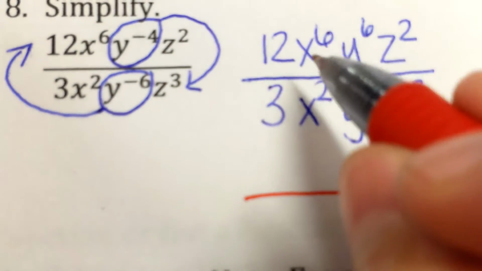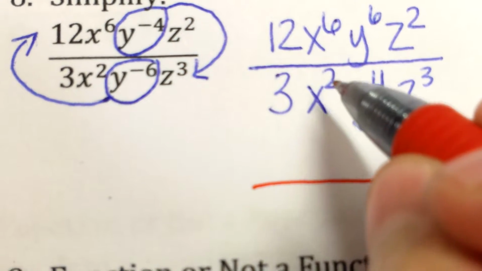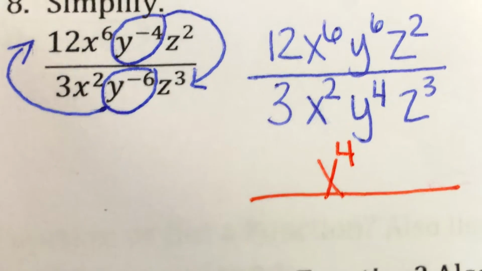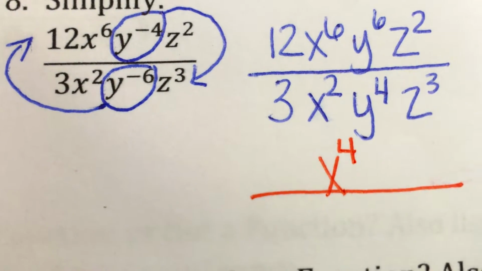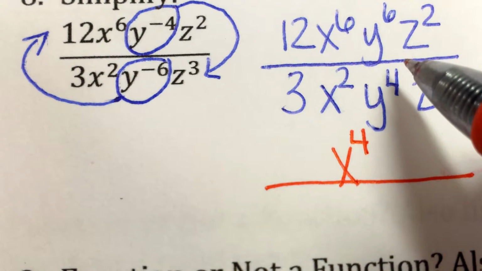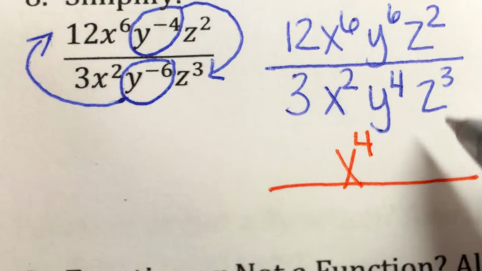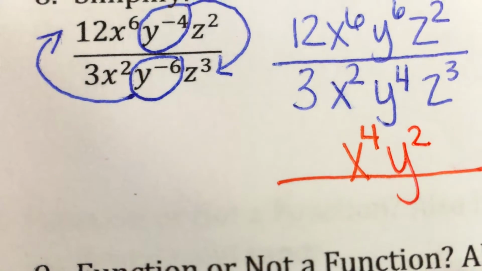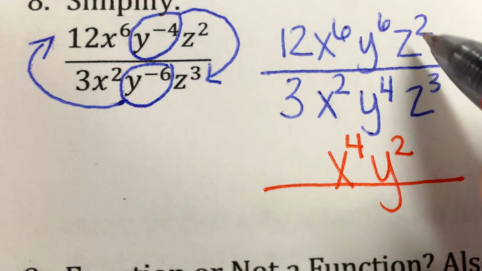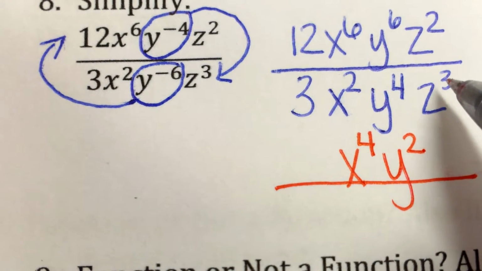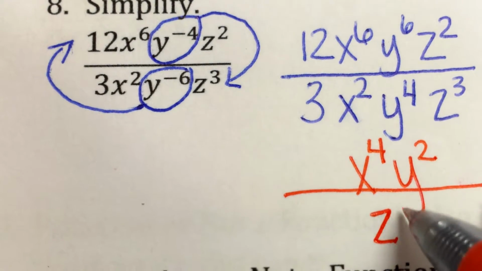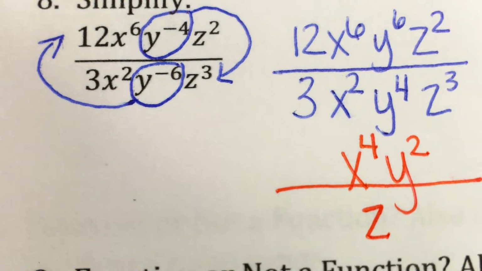There's more on the top because there's 6 of them and only 2 at the bottom, so you're left with x^4 on the top. y^6 and y^4, subtract them, that's y^2, and there's more on the top, so y^2 goes on the top. Now here you have z^2 and z^3, subtract them, that's z^1, but it's going to go on the bottom because there's more on the bottom. I can put a 1 if you want, but I'll just leave it like that.